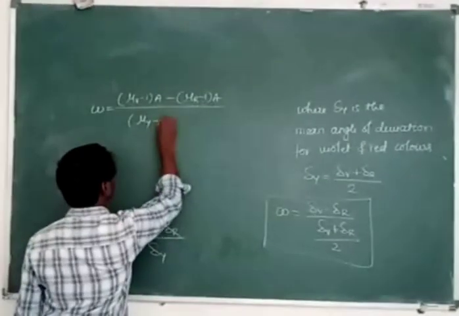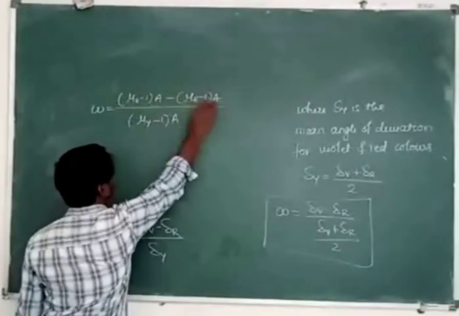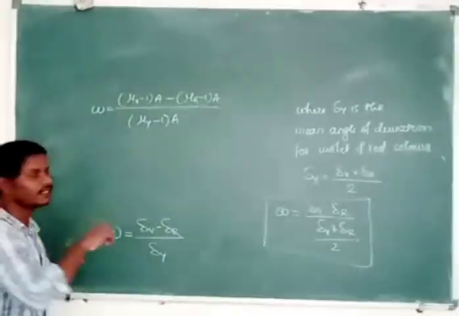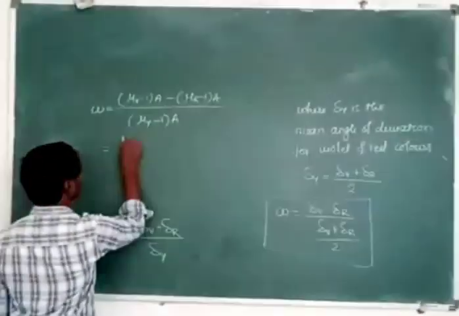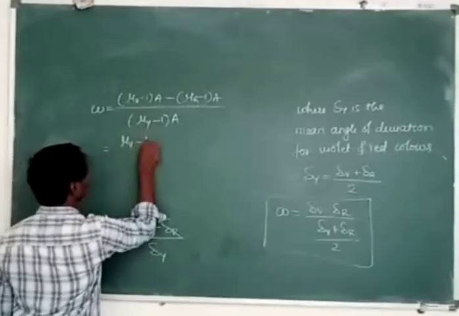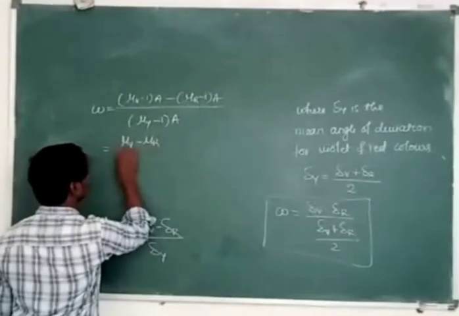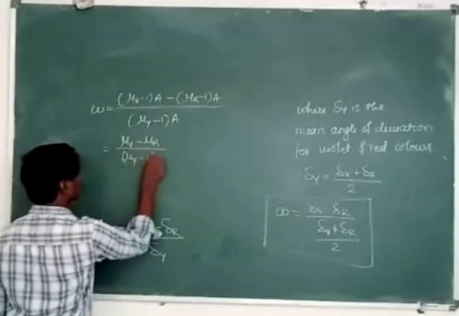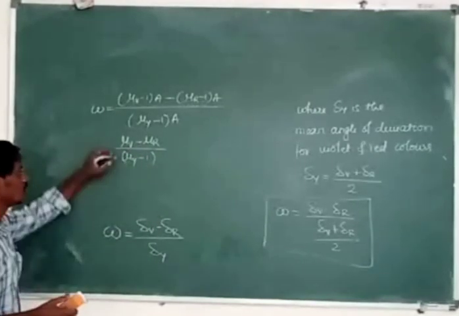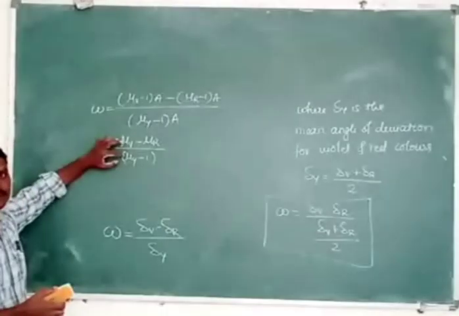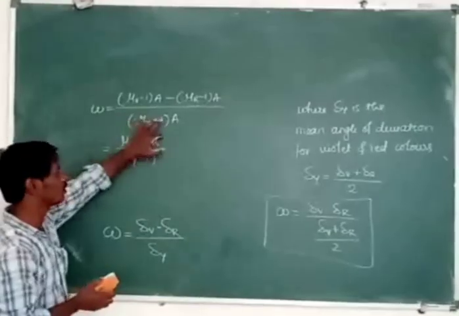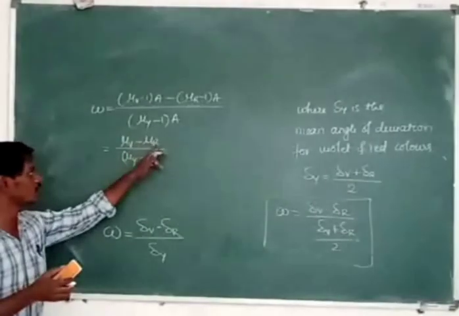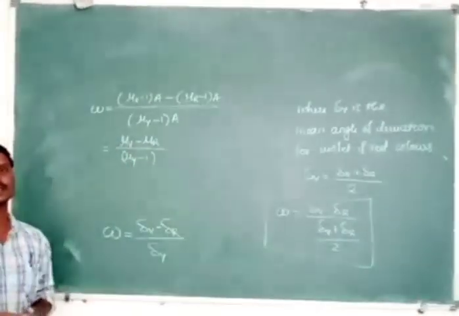So what is common in the numerator? A is common, and here also A is there. A gets cancelled. On solving this, we get mu V minus mu R divided by mu Y minus 1. Then what is mu Y here? It is the mean value of the refractive index of violet color and red color. The mean value of the refractive index of violet and red gives the refractive index of yellow color.